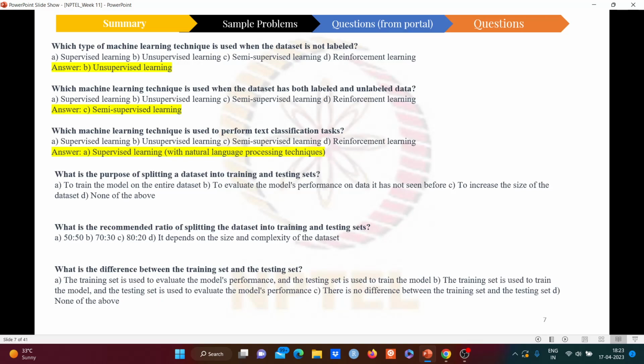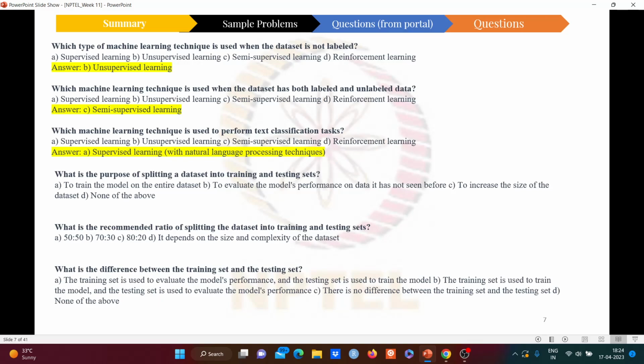Now, the fourth one is, what is the purpose of splitting a data set into training and test sets?